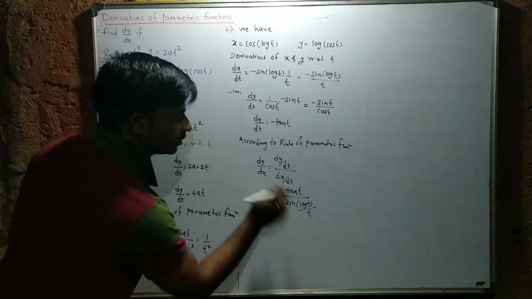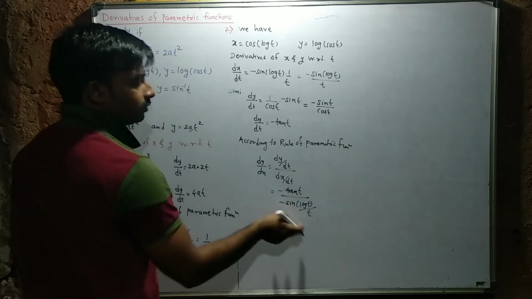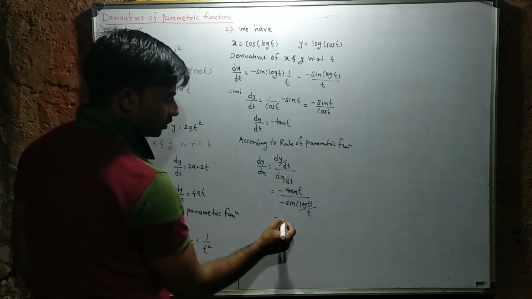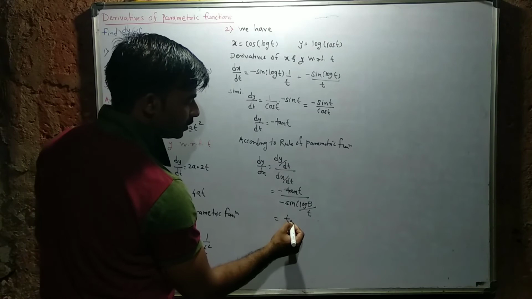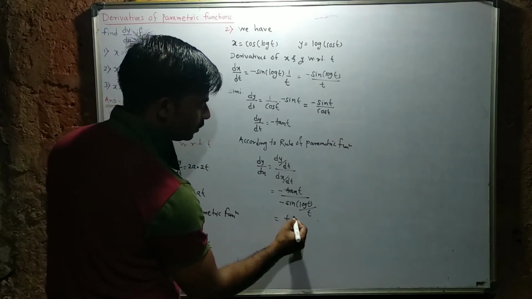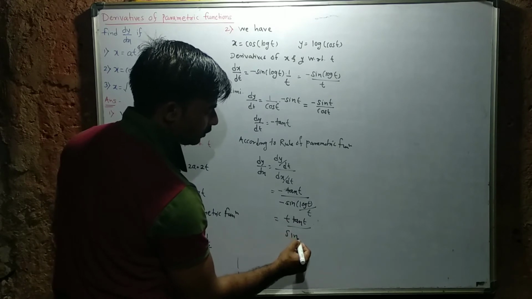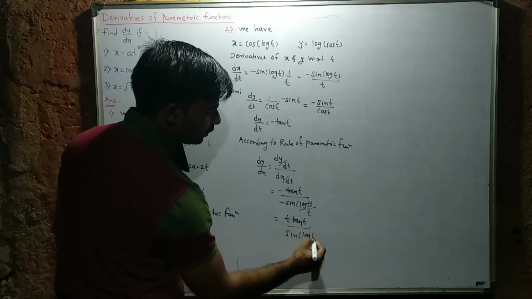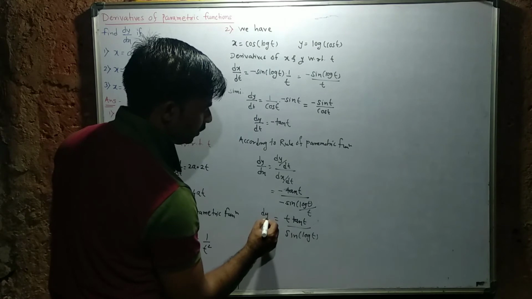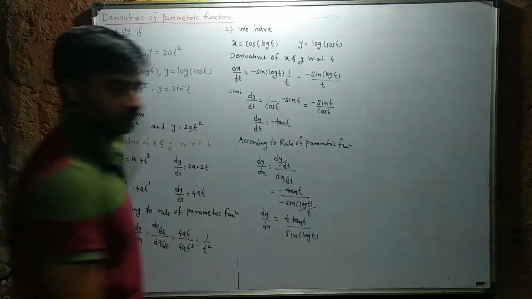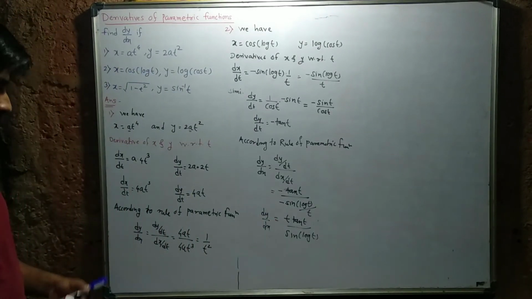That means this t comes into the numerator, and the minus signs cancel each other, and therefore you will get t into tan t divided by sine log t. Sine log t is here, and it is your dy by dx for that one.